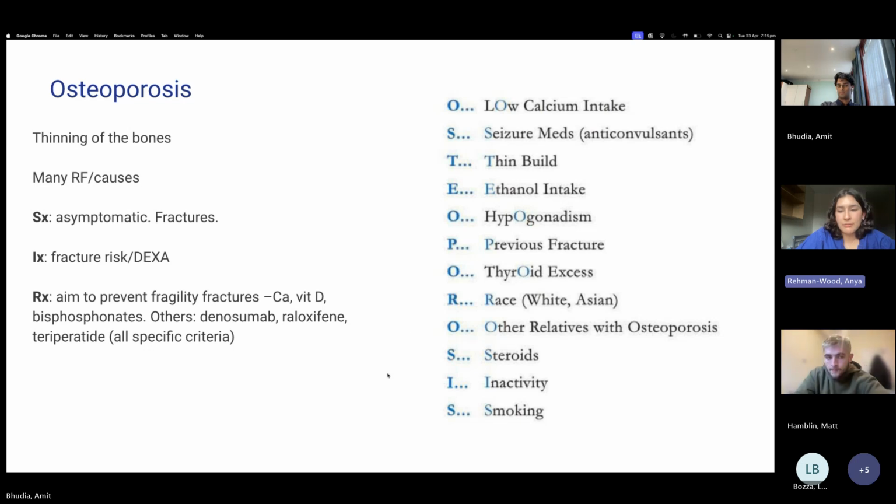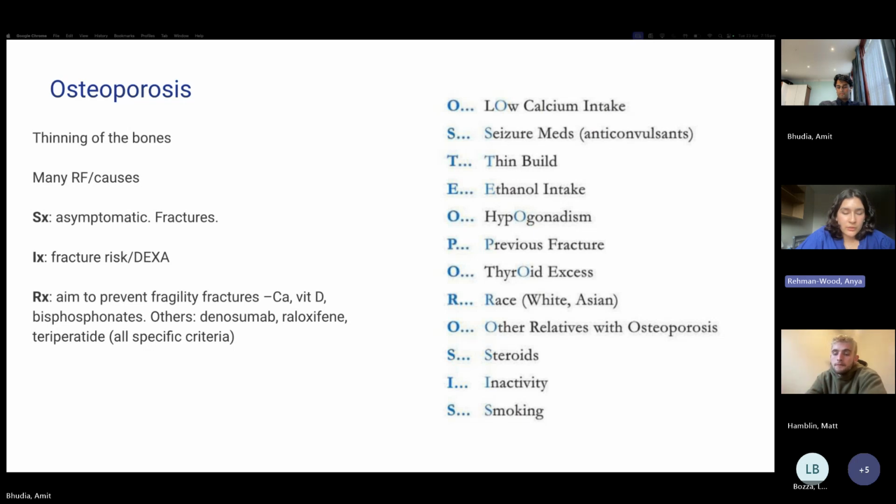The main symptoms you get is you're going to have fragility fractures. And investigating it, the important thing to do is to calculate the fracture risk and do a DEXA. The treatment is important to make sure patients are calcium and vitamin D replete, and then you're probably going to start them on a bisphosphonate.